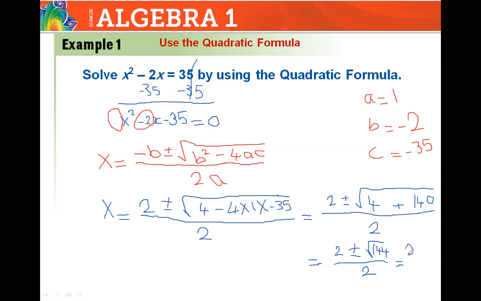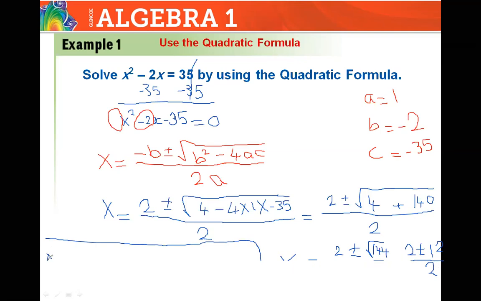So 2 plus or minus 12 over 2. This is the value of x. X has two values now, one of them with plus and the other with minus. First, we will take the plus.